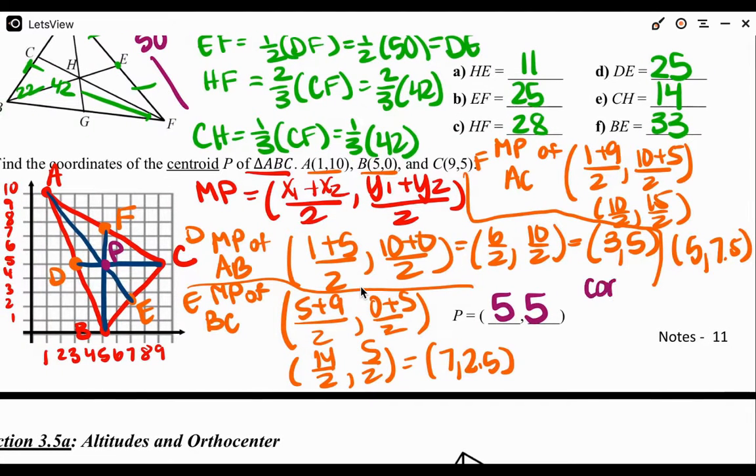So we connected our midpoint to our vertex. So AE, DC, and BF. And where they intersected is our point.